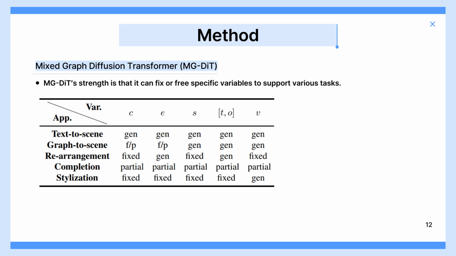If only the categories are changed, the system performs style modification. If only the relationships are given, it becomes a graph-to-scene task. And if only a text description is provided, it becomes a text-to-scene task. This flexibility makes the model highly versatile.